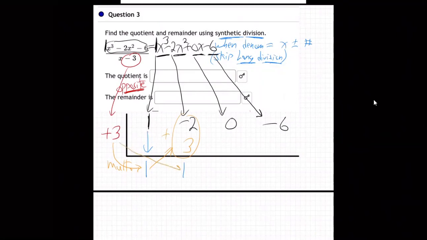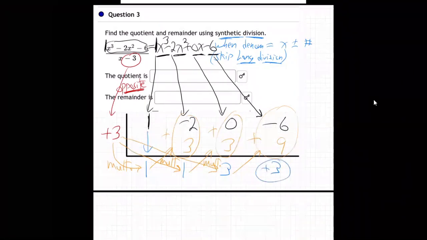We multiply. 3 times 1, and write it here, is 3. And then we add them up. 0 and 3 is 3. And then we multiply. 3 times 3 is 9. And then we add them up. And 9 minus 6 is plus 3.